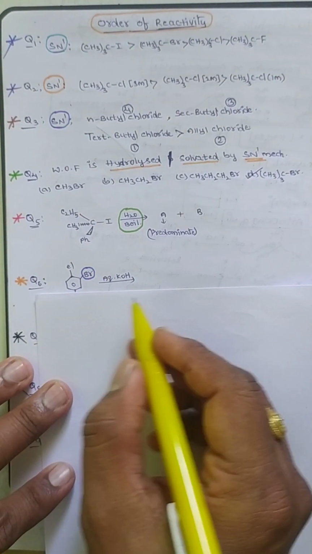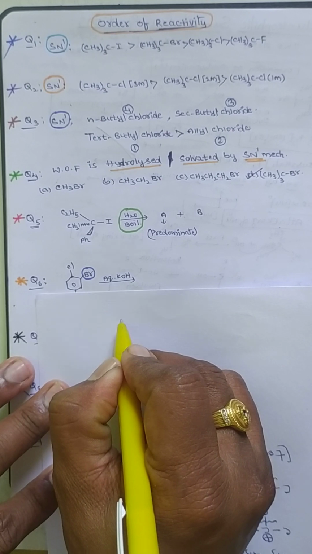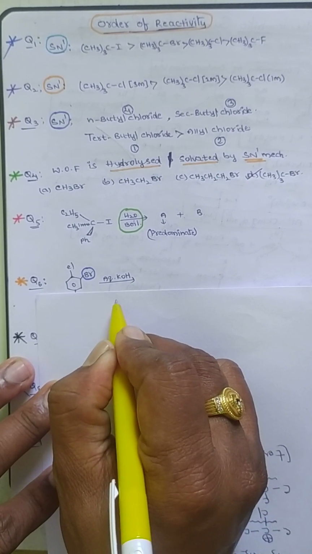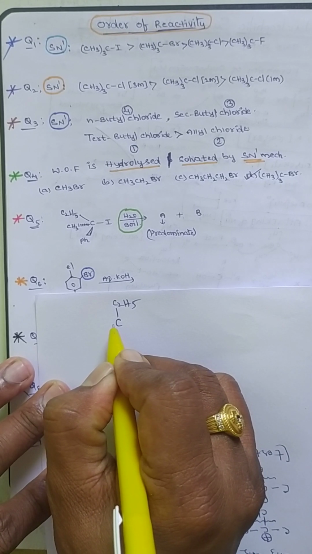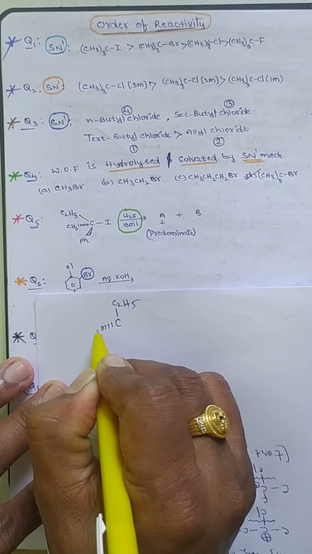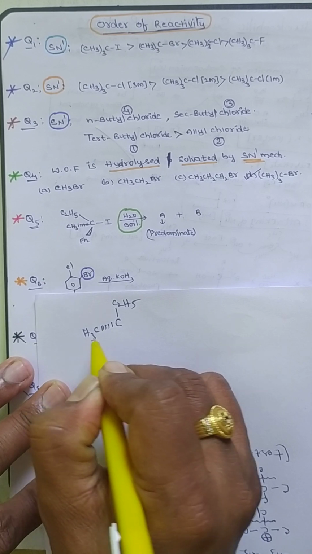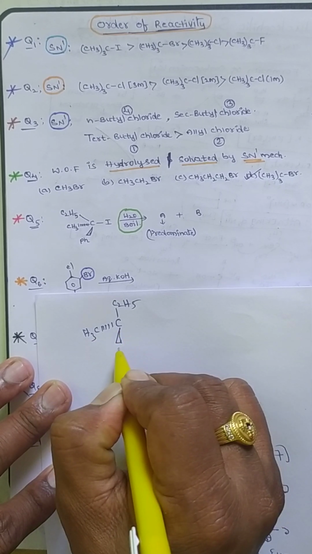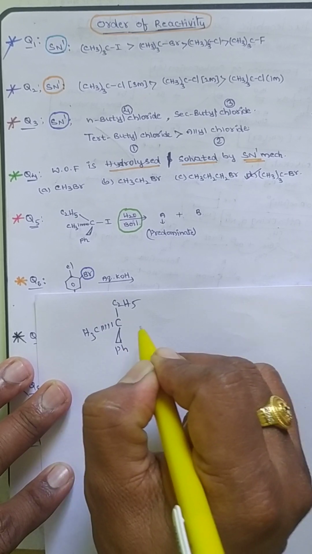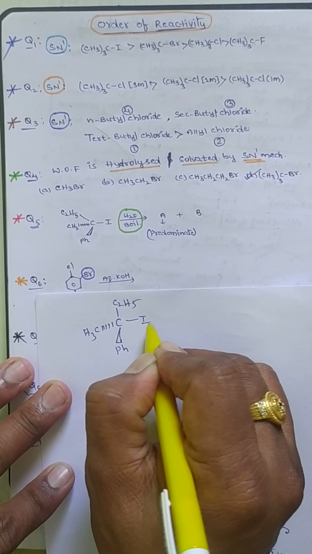Now SN1 reaction means what? First arrange that, step number 1. Here they have given CH3 which is below the plane. Now phenyl is given which is above the plane. Now the given compound is iodide.